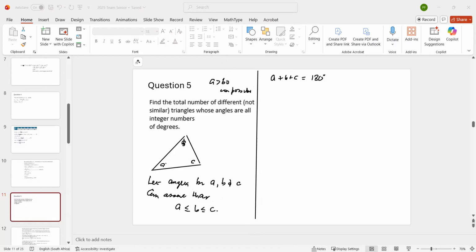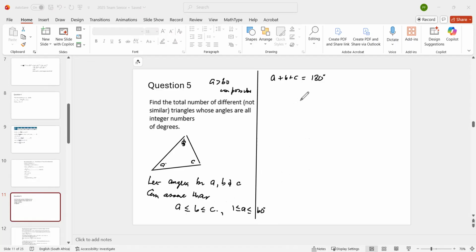So we can easily say here that a is an integer that lies between 1 and 60. Could be equal to 60. If a is 60, then b will have to be 60 and c will have to be 60, because it can't be anything bigger. The sum of the three is exactly 180 degrees.